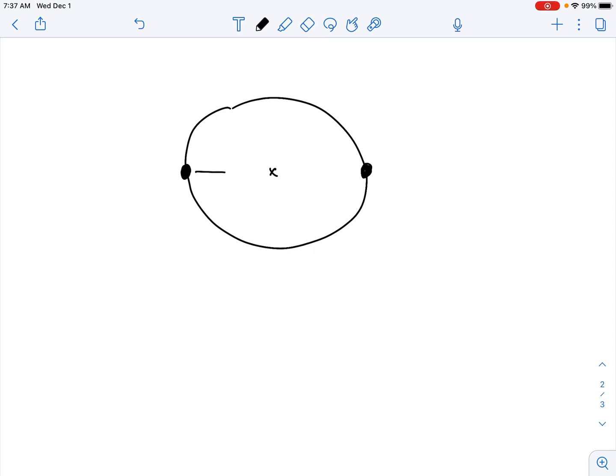That charge is going to produce an electric field that way and an electric field that way. If the charges are the same, and the distances are the same, which they would be if this is a circle, then those fields are in opposite directions, same magnitude, and they cancel. By symmetry, we get complete cancellation at the center of the circle.